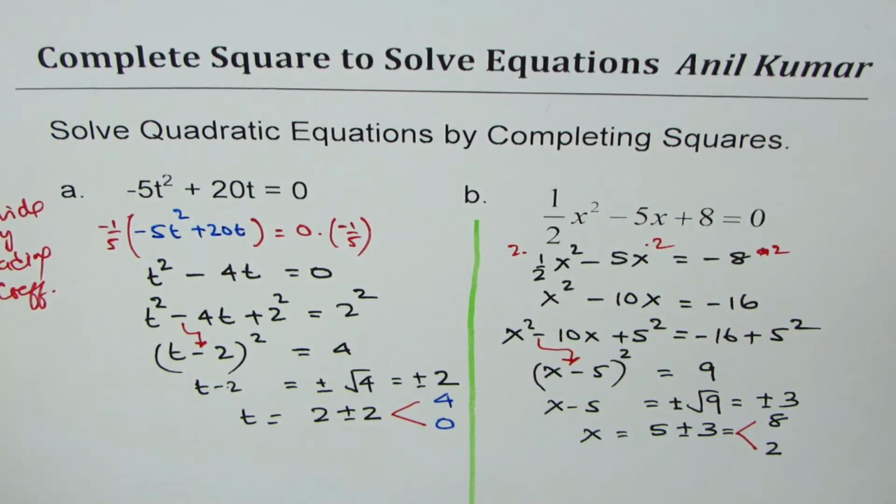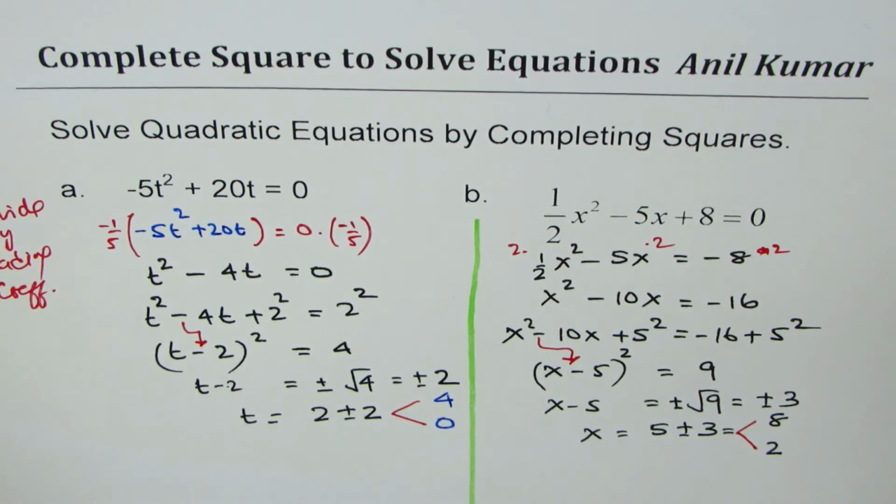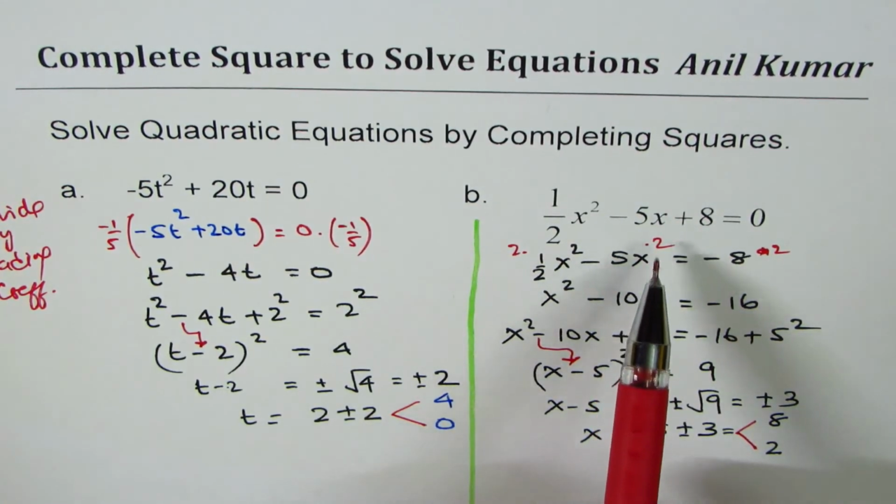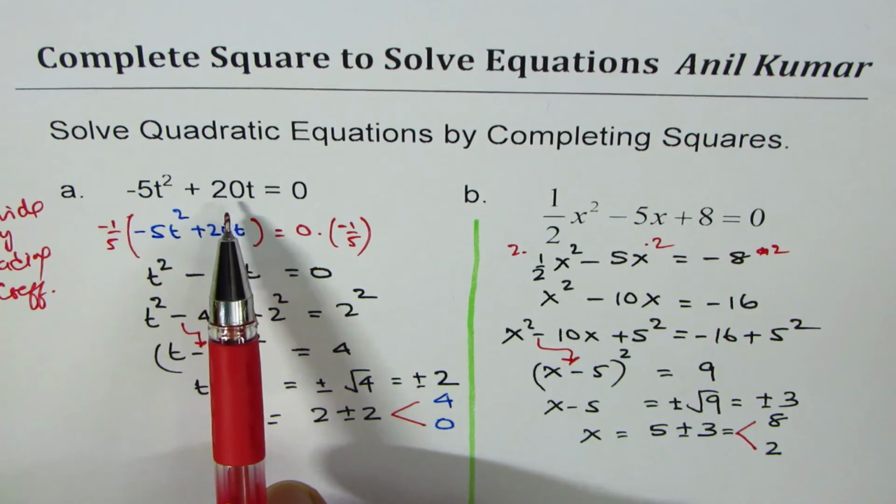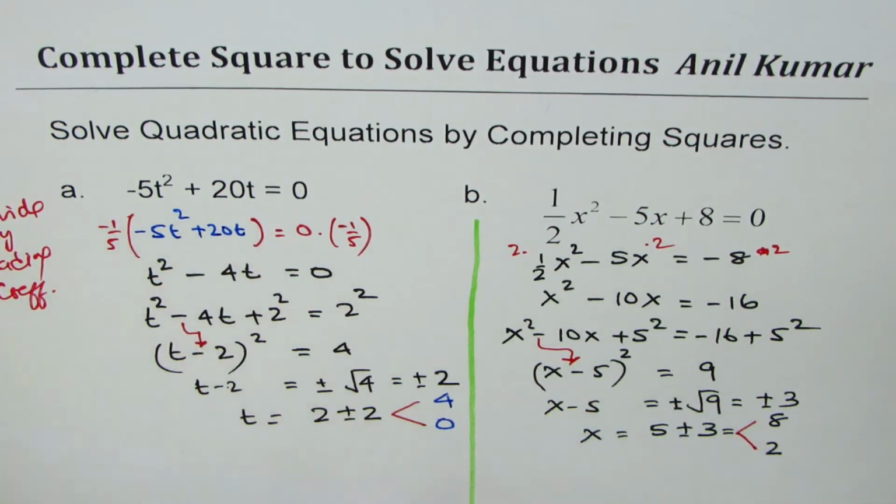And that is how we solve quadratic equations using completing the square. I hope that helps. Remember again, completing the square is not the best option. You could factor and solve it much faster. You could use the quadratic formula for complicated values which cannot be factored. But if there is no option, you should do it the way I have shown here.